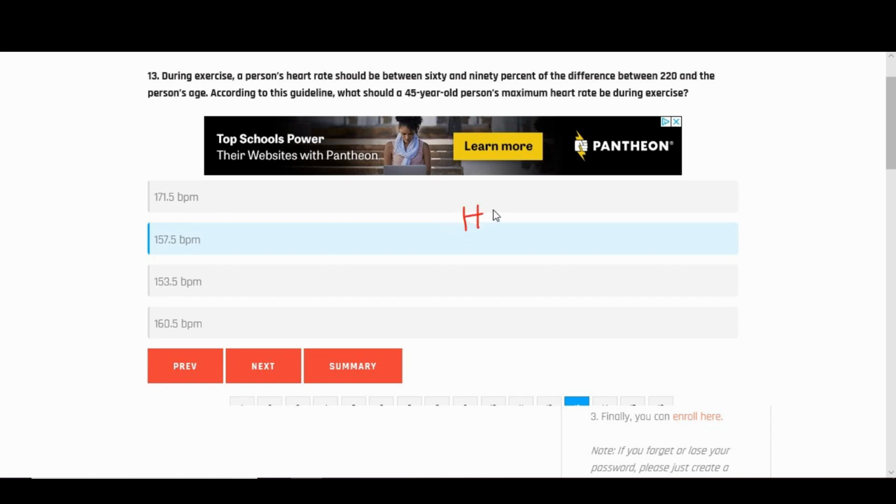So heart rate is going to be in the middle. And we're told that during exercise, the heart rate should be between 90%, which is 0.9, of the difference between 220 and the person's age, which I'm going to represent as x, and 60% of the difference between 220 and the person's age, which I'm going to represent as x.